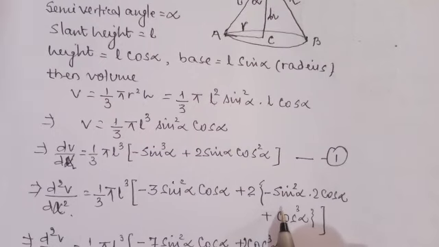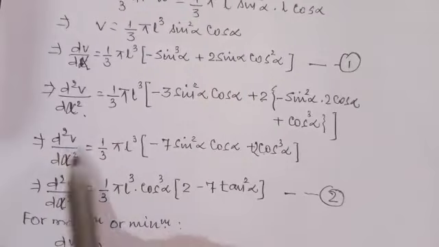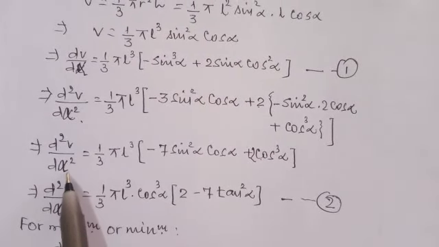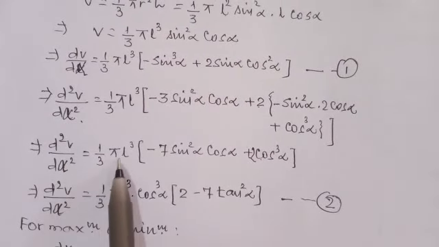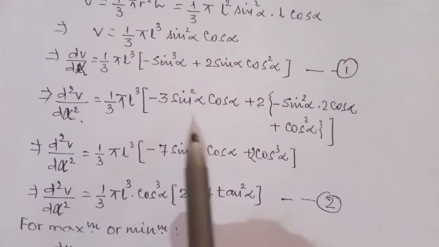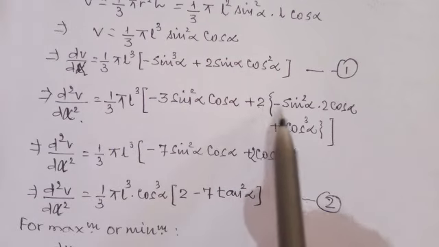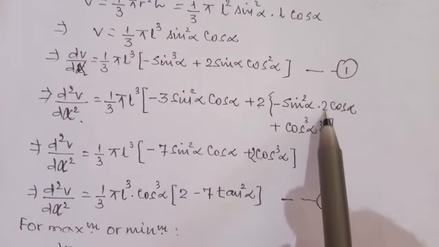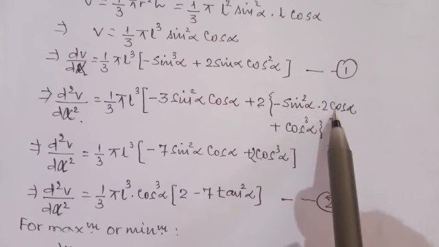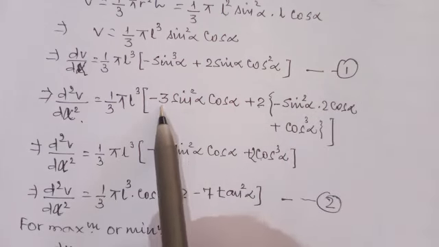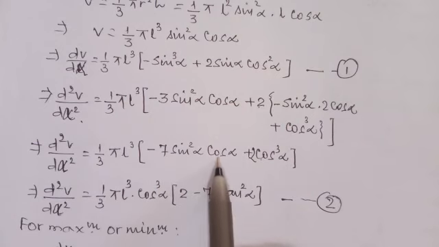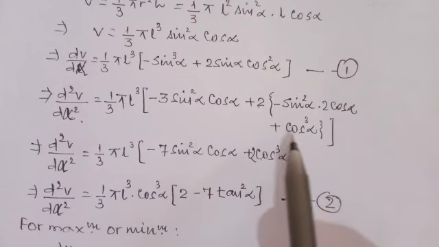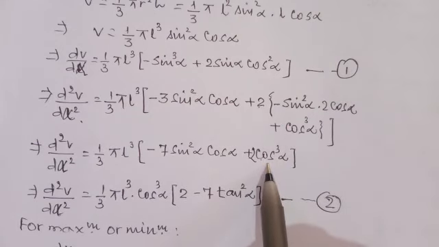Now simplify this one. So d2V by d alpha square is 1 by 3 pi L cube, open this bracket, minus 2 into 2, 4 sin square alpha into cos alpha becomes minus 7 sin square alpha into cos alpha plus 2 cos cube alpha.